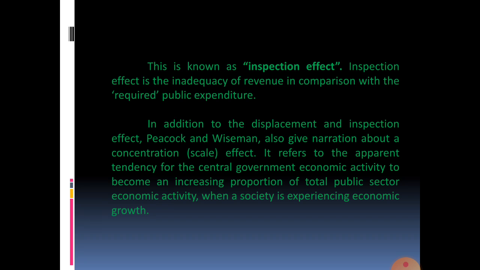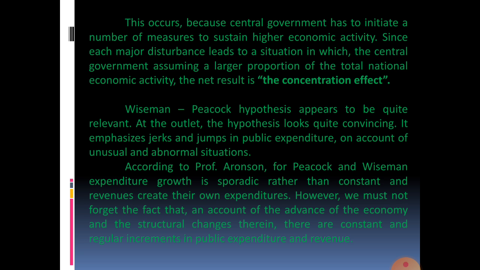So there is an apparent tendency for the central government's economic activity to become an increasing proportion of total public sector economic activity. The government should increase its economic activities to reduce this type of disturbance and to stabilize the economy.